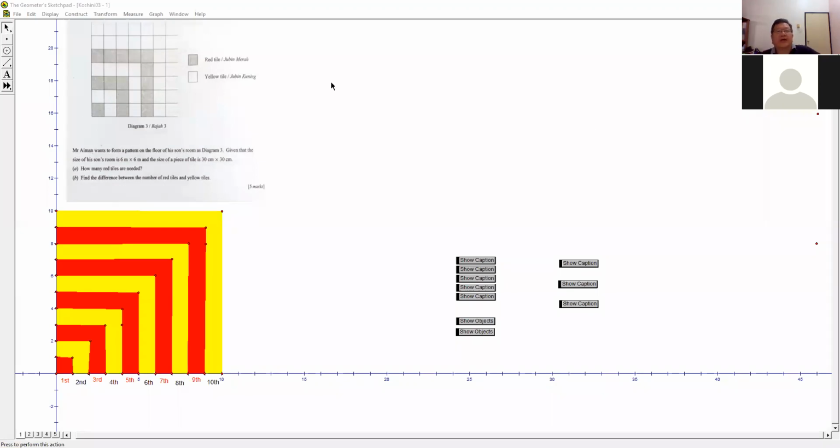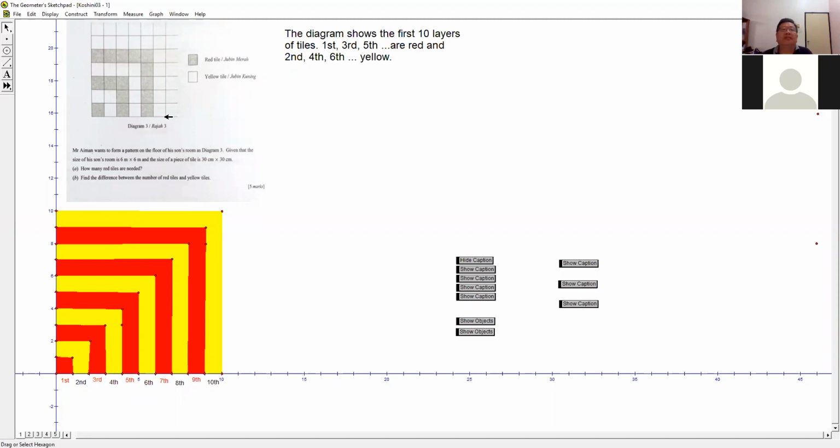As I've said earlier, the diagram shows the first 10 layers. The one that I've drawn shows the first 10 layers here. First layer, second layer, third layer. These layers are next to each other, not on top of one another. One layer, one layer.